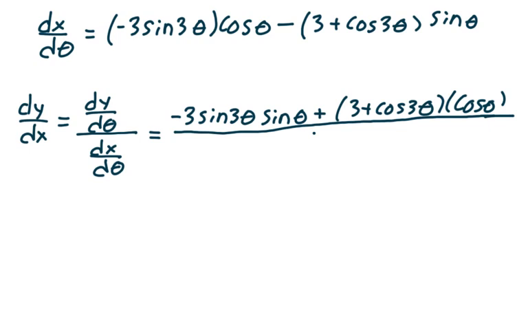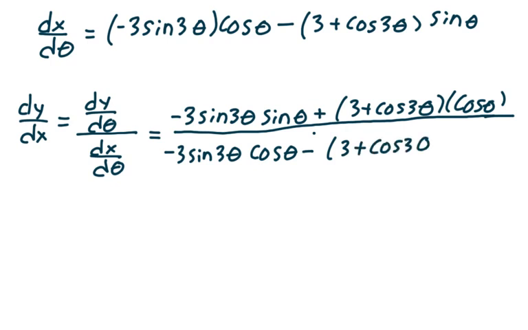So that's the top. The bottom is negative 3 sine 3θ cosine θ minus 3 plus cosine 3θ times sine θ.